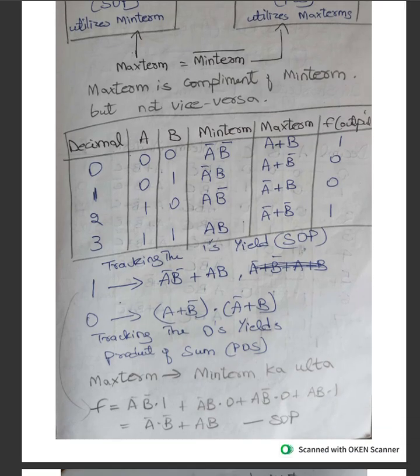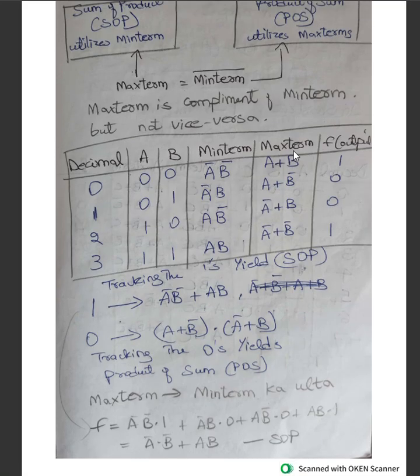This is basically how it works. In min terms, for 0 you write a bar, keeping a complement, but for 1 you write it normally. In max terms it's exactly different: for 0 you write a, and for 1 you write a bar.